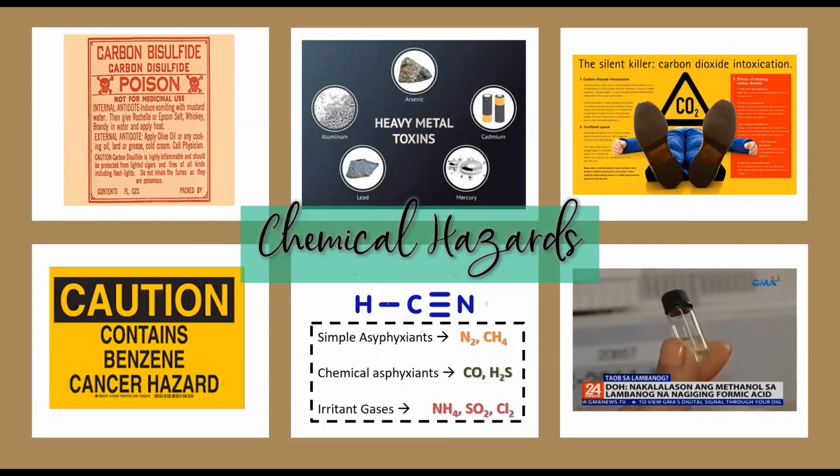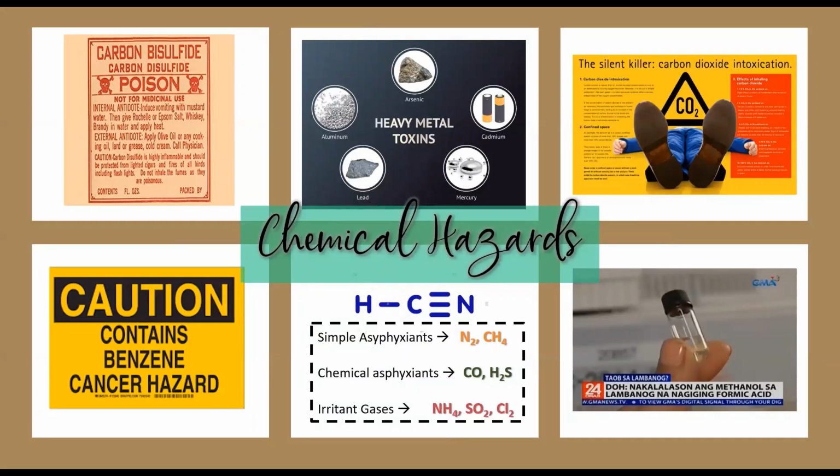Childhood exposure to lead can significantly cause neurologic abnormalities and reproductive abnormalities. That is why now, class, if you notice, gasoline is unleaded, because lead can cause neurologic problems, particularly to children.